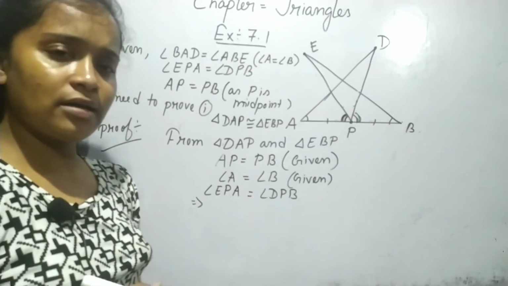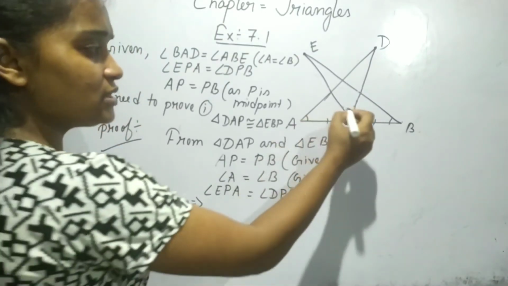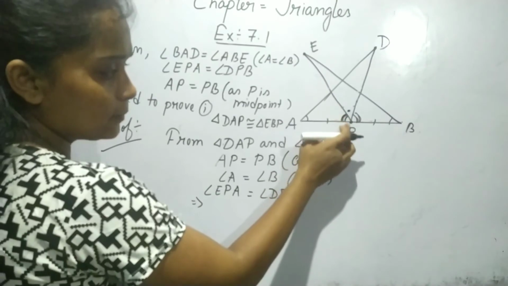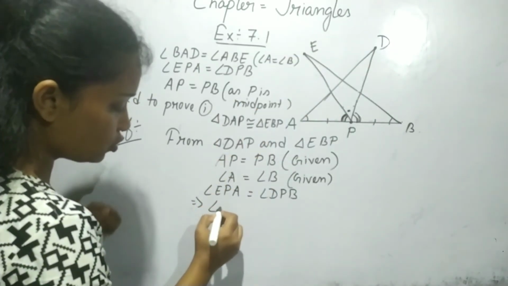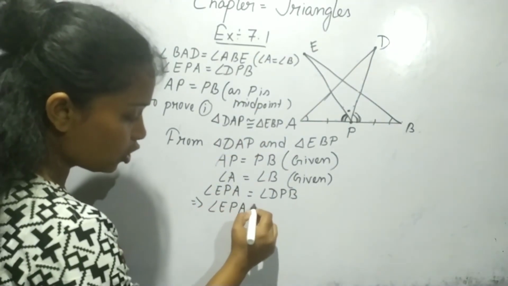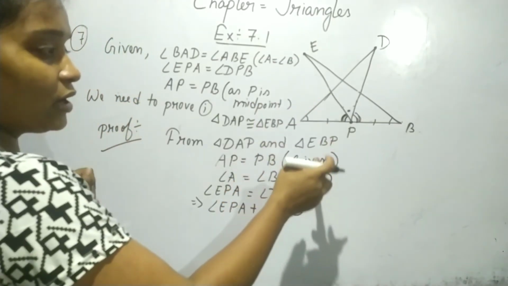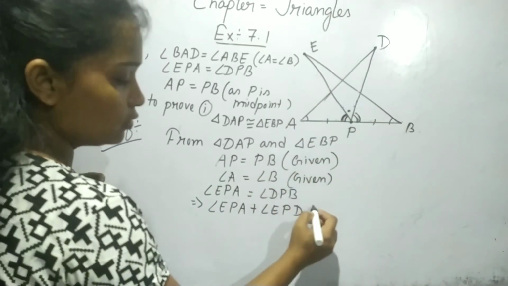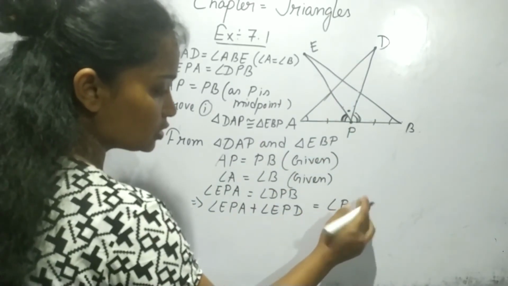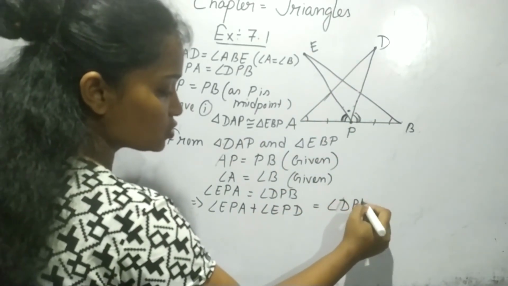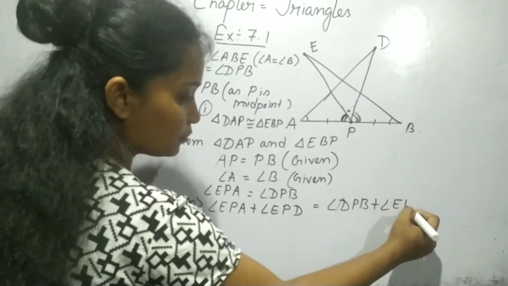So add this angle on both sides. So this angle's name is what? EPD. You know that when you are adding, you have to add on both sides. So I am adding EPD on both sides.